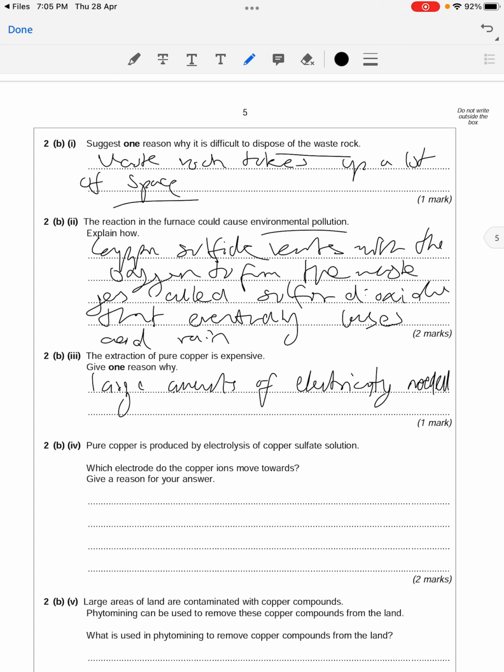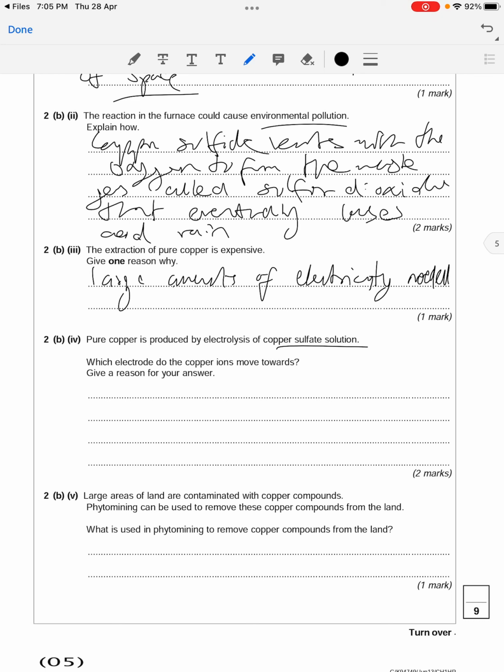Pure copper is produced by electrolysis of copper sulfate solution. Which electrode do the copper ions move towards? So we need to understand which electrode. Okay, we need to understand that copper ions are positive, okay?